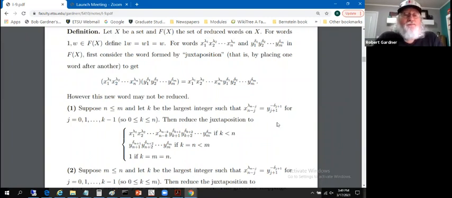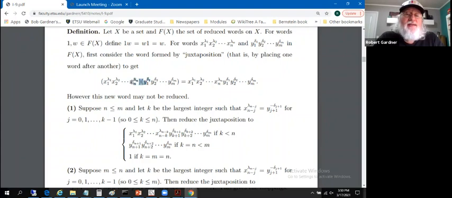For example, when j equals 0, we'd be interested in x sub n to the lambda sub n, that's this term here, and y sub 1 to the negative delta sub 1, this term here.